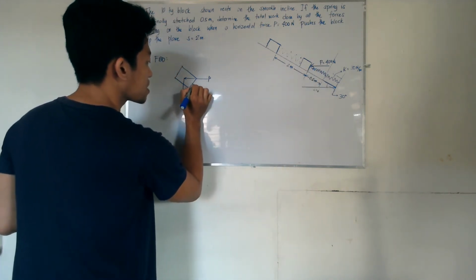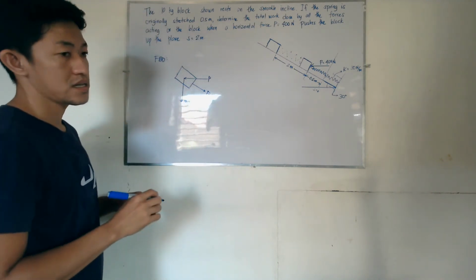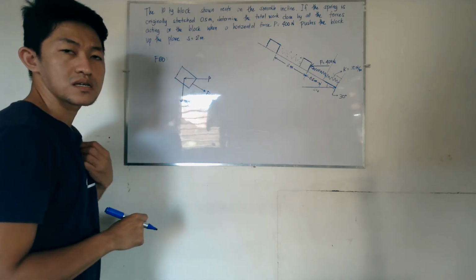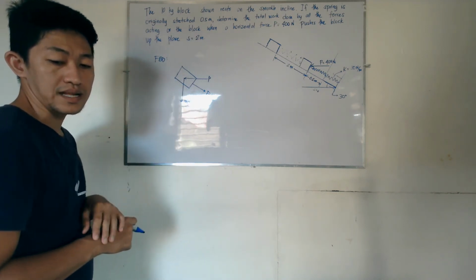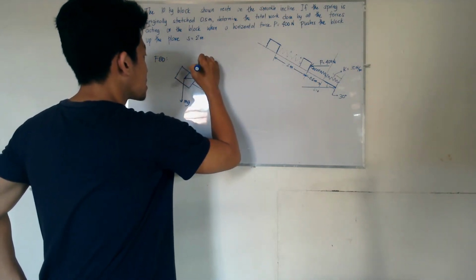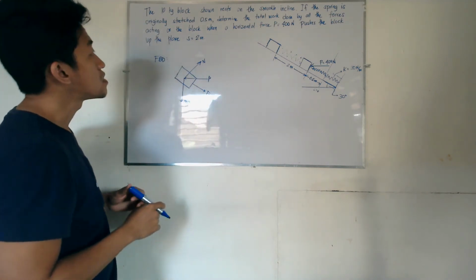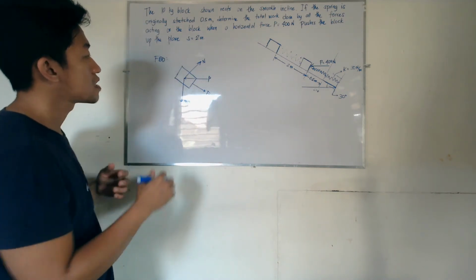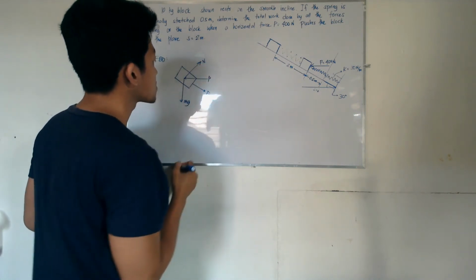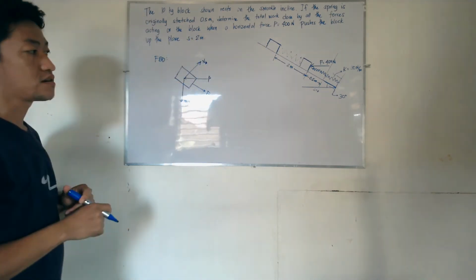Then you have the spring force, acting opposite to your motion. And lastly, you have the normal force, NB.